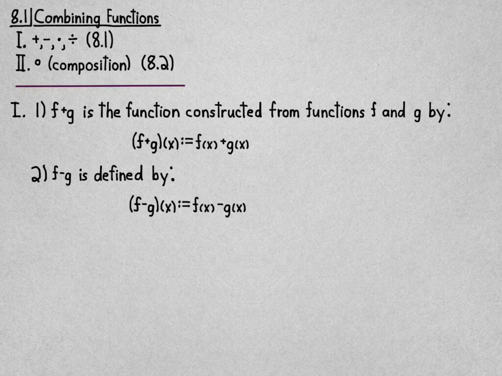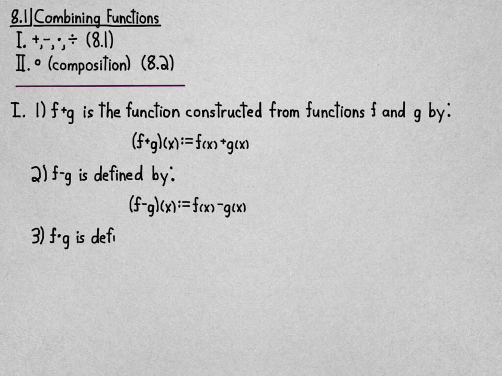Now, this can also be looked at another way. If you have a formula for f of x and a formula for g of x, then you're just taking the right side of f of x minus the right side of g of x. So like f of x equals x squared, g of x equals x cubed, (f minus g)(x) is x squared minus x cubed.